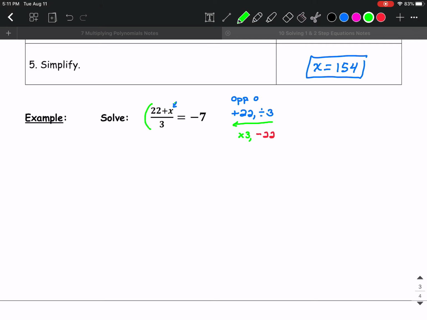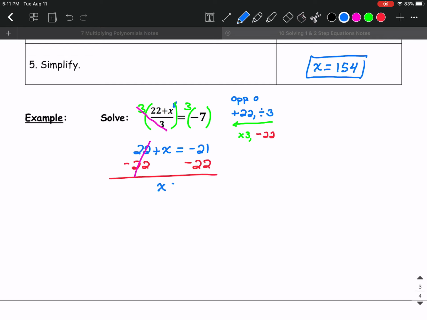The first step, multiply both sides by 3. And it's nice because right here those 3's cancel out. And we're left with 22 plus x equals, and 3 times negative 7 is negative 21. Now the next step, we subtract 22 from both sides. And notice that's going to leave us with the x all by itself on the left-hand side. And negative 21 plus negative 22 is negative 43, and we have solved our equation.